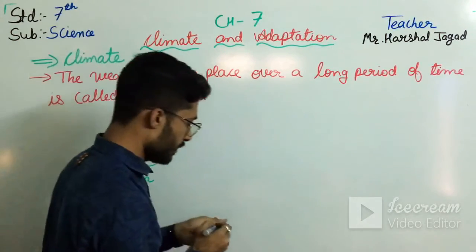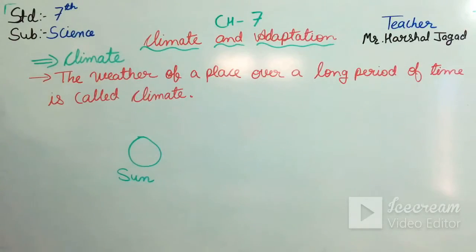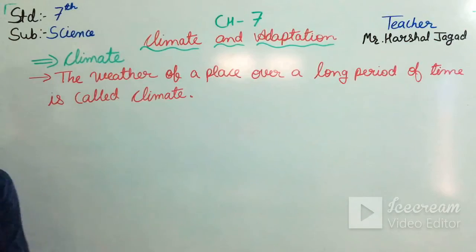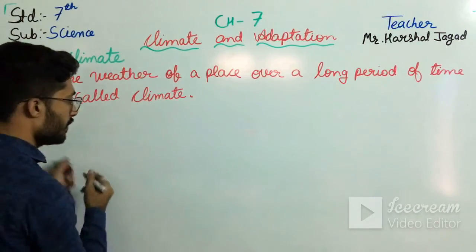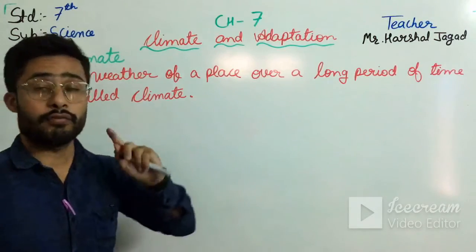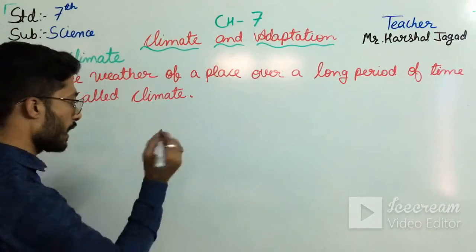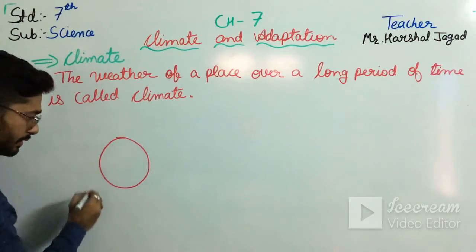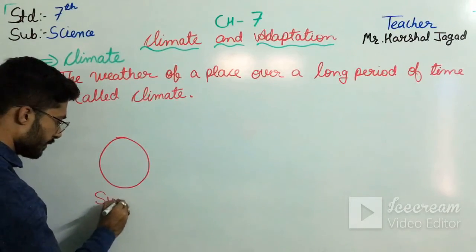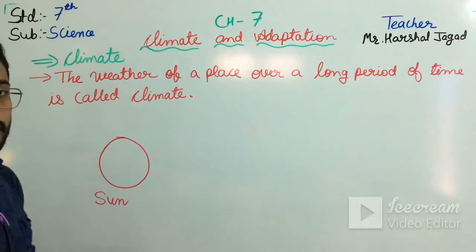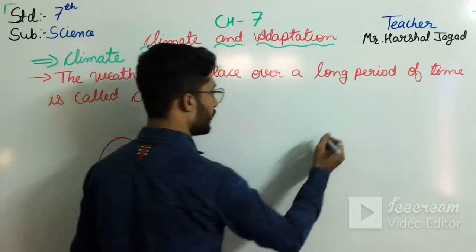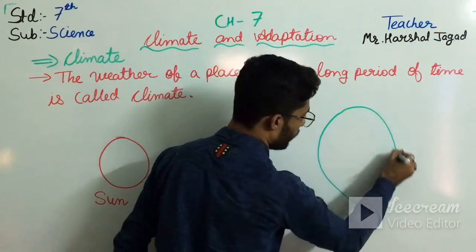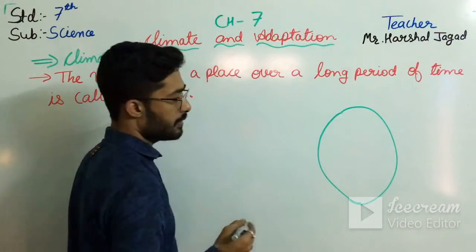Sorry, this is not sun. The sun is red, and it is far away from the earth, so I am just drawing the sun small. Okay students, so this is sun and the earth is green, so we will draw the earth like this. It is in the oval shape. Okay, this is earth.